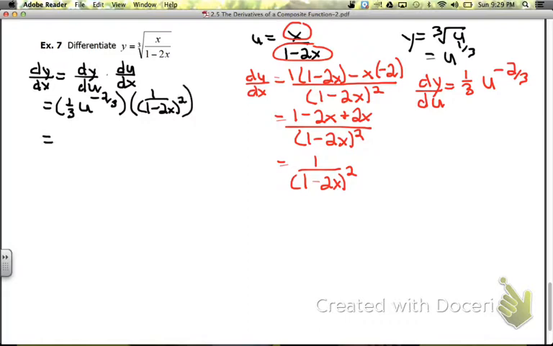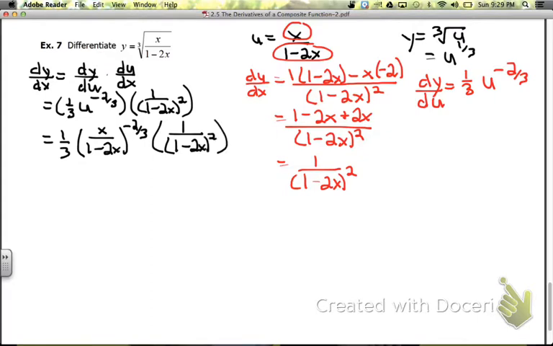I can replace the u now with my x over 1 minus 2x, so I have a third times x over 1 minus 2x to the power of negative 2/3 times 1 over 1 minus 2x squared.